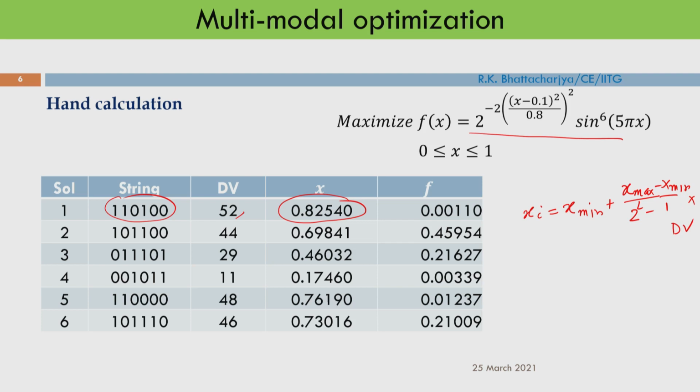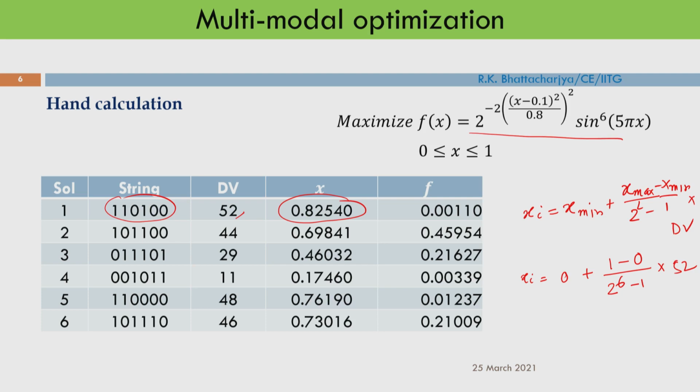So, for solution 1, x min is 0, x max is 1, 2 to the power 6, as we have a 6 bit string, minus 1, and the decoded value is 52.